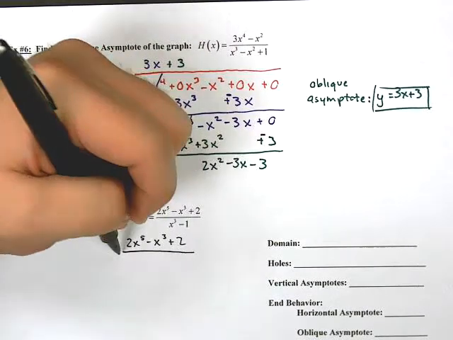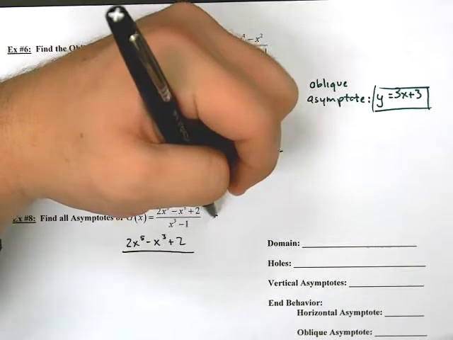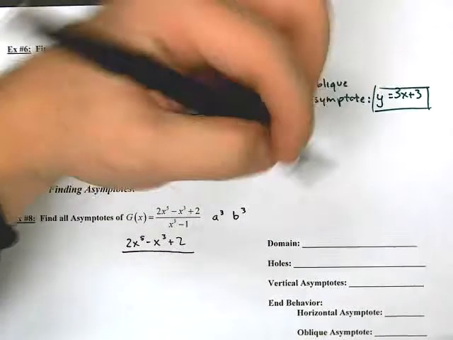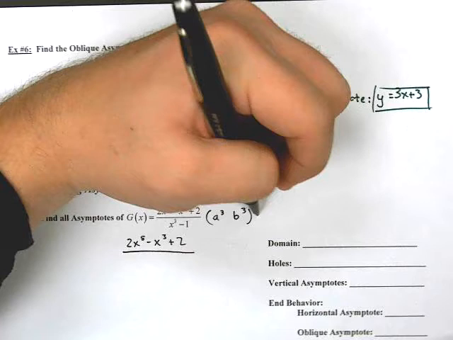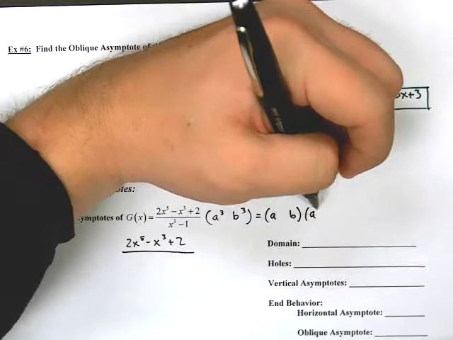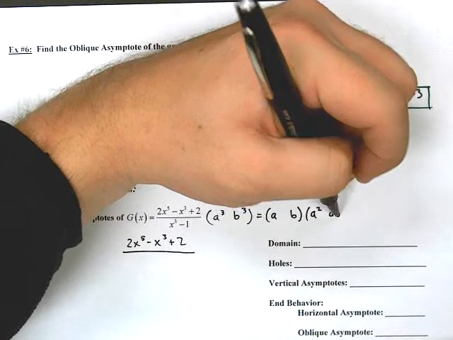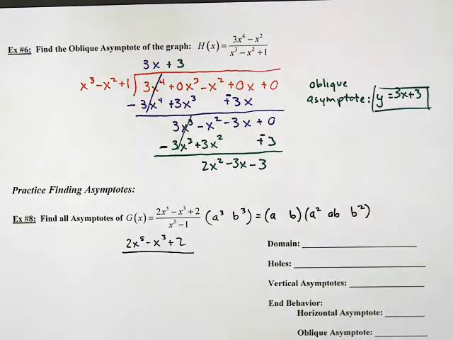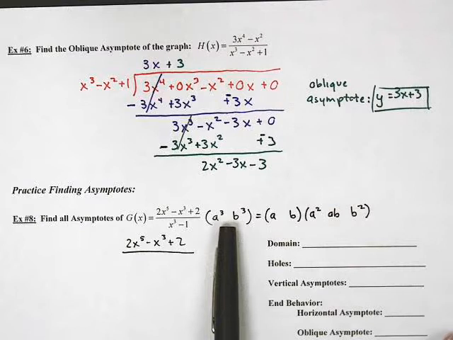And then if you guys remember, what we're looking for is if you have an a cubed and a b cubed, it's always going to be a, b, a squared, AB, B squared. Now, I on purpose did not put any symbols in, because it all depends on what the original was.